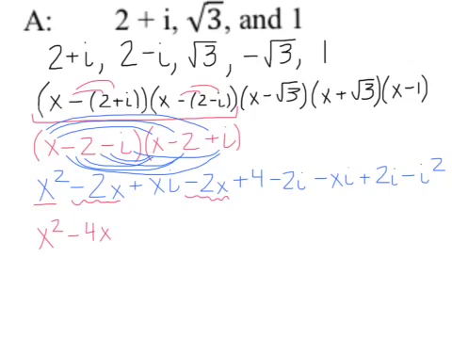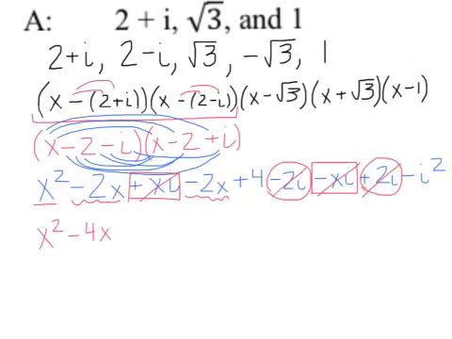We have a positive xi and a negative xi, so those cancel. I'm going to skip the 4 for now, we'll come back to it. We have a negative 2i and a positive 2i, so those cancel. They're gone.